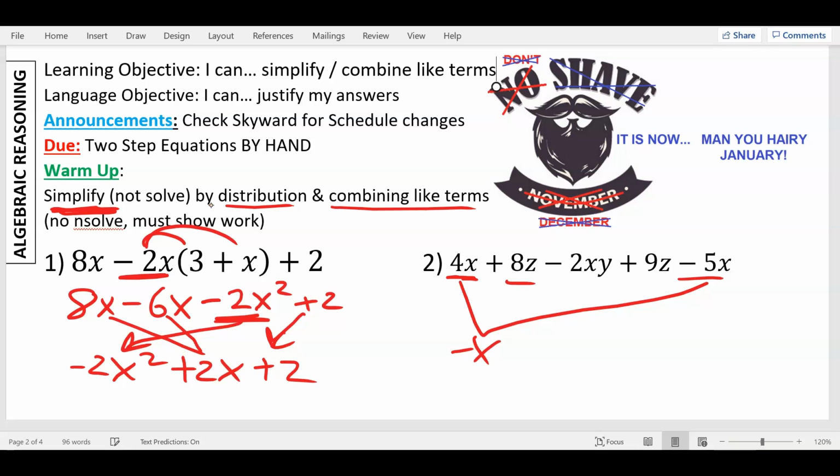I got 8z plus 9z is how many z's? 8z and 9z does make 17z. And our xy is the only xy, so we can bring it down. Do not forget the sign. It's negative 2xy, right? Including the sign. So you put minus 2xy.